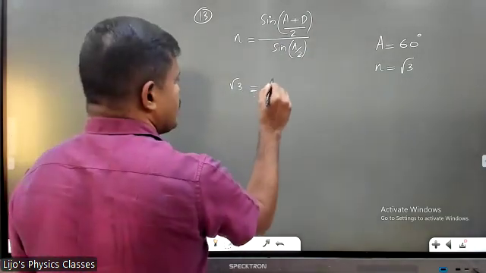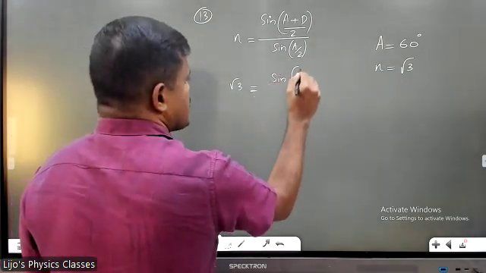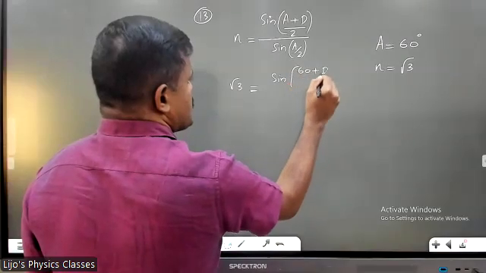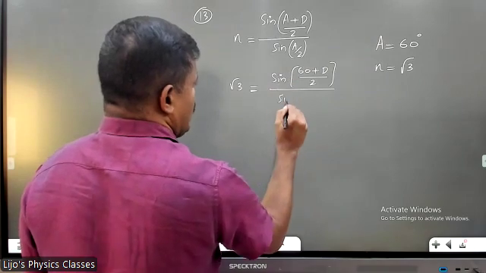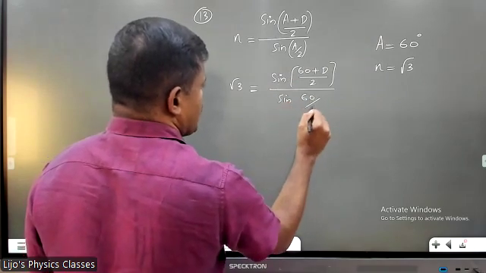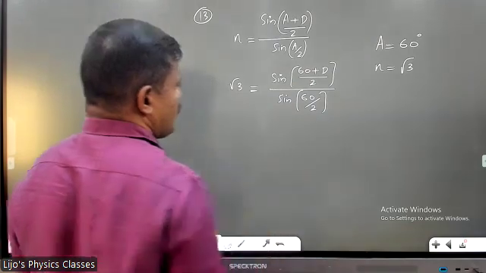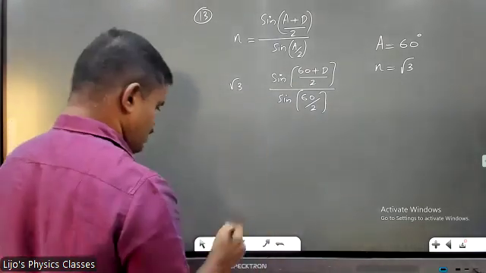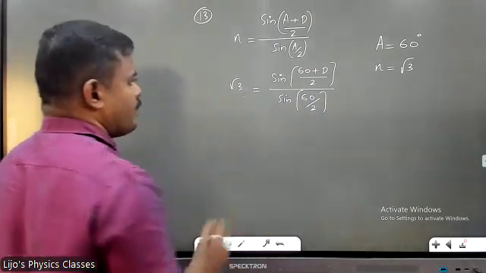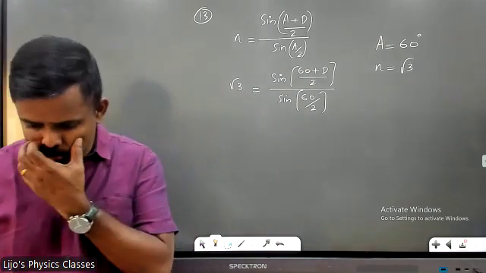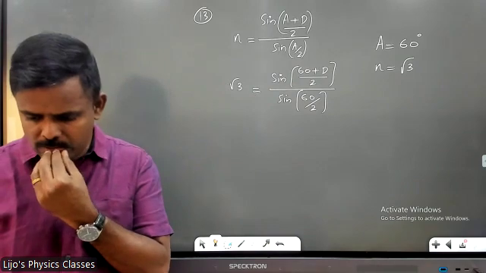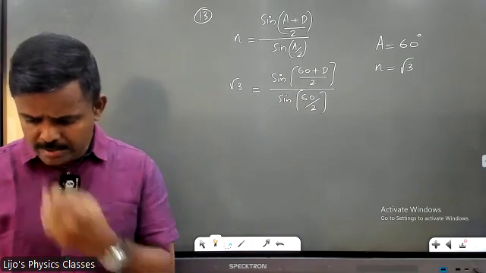Sine of (60 plus D)/2 by sine of 60/2. I just substituted all the values, because I am desperately in need of D here. Then only I can find i. There can be other methods also, but I would suggest using this.